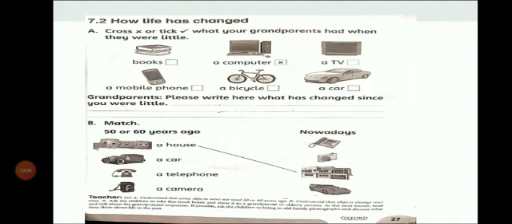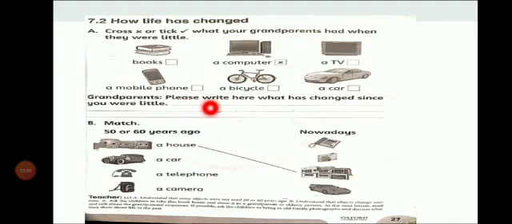Now keep those things in your mind and please put a tick or cross whether it's correct that your parents had it when they were little or not. Again, repeat the options: books, a TV, a mobile phone, a bicycle, or a car. Now move towards the next question.